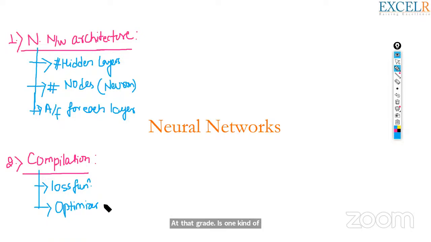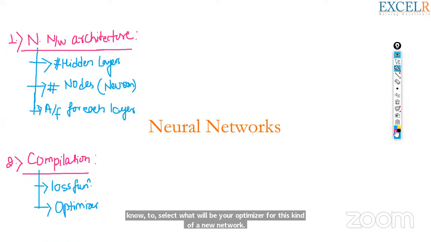Adam is another kind of optimizer. RMSprop is another optimizer. Momentum is another kind of optimizer. Or stochastic gradient descent, which in short we call SGD, is another kind of optimizer. So we have a number of optimizers, and you need to select your optimizer for this neural network. So this is phase 2, compilation.